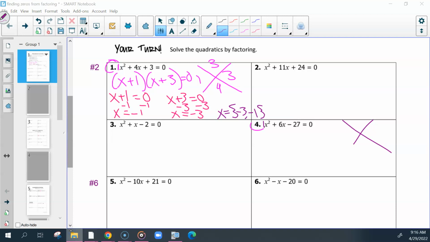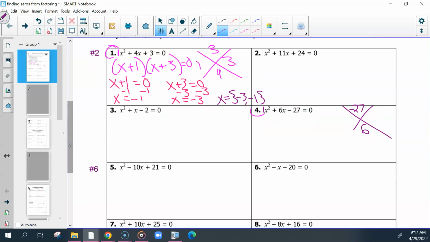What about those? Also to be -27. What two numbers would work? 9 and negative 3, yes.